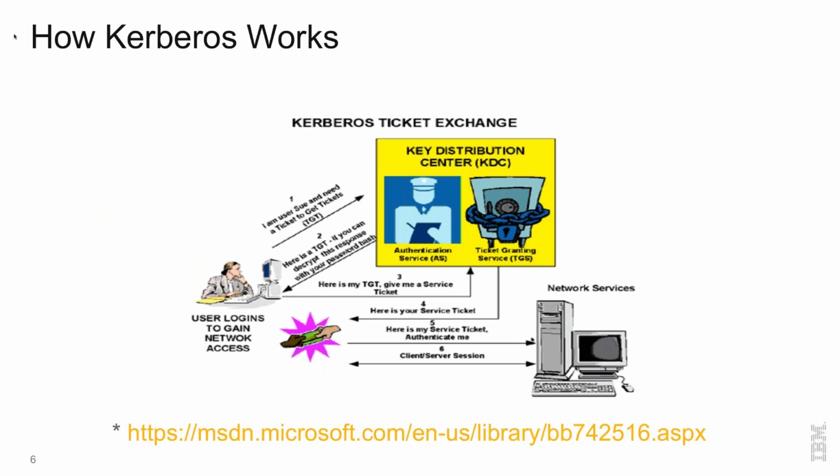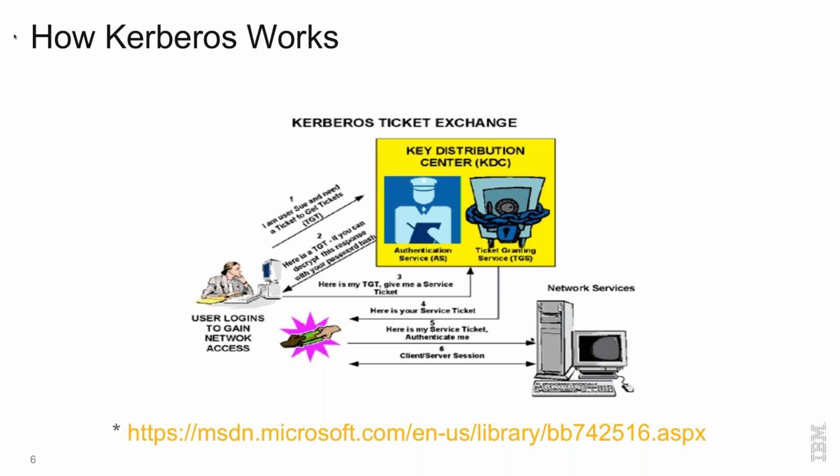So first is the user. We talked in the previous slides that the KDC has two components. One is the authentication service, the other one is the ticket granting service. So the first step is when the user tries to get access to a network resource, a service, the first thing you do is log into the authentication service and ask for a ticket granting ticket.